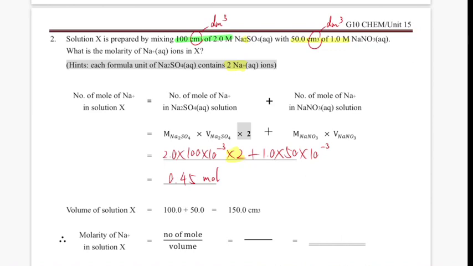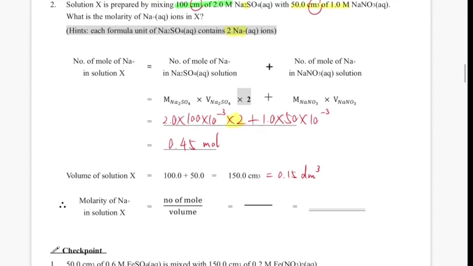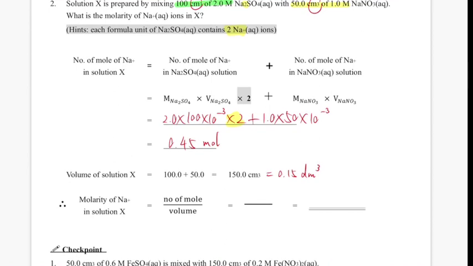Okay, and you can convert the unit here, so it will be 0.15 dm³. So the molarity should be number of moles divided by the volume, so it will be 0.45 mole over 0.15 dm³. So the final answer should be 3 molar.